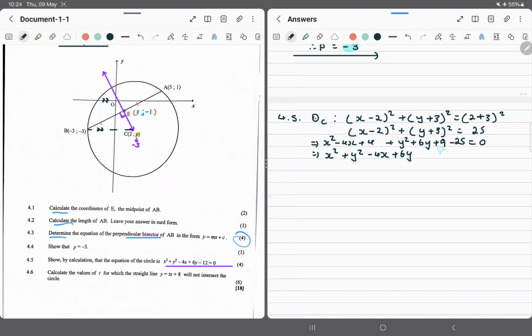And then 9 minus 25. Wait, it's 25 minus 13. It's 12. So this is basically minus 12 is equal to 0. So that is the one.